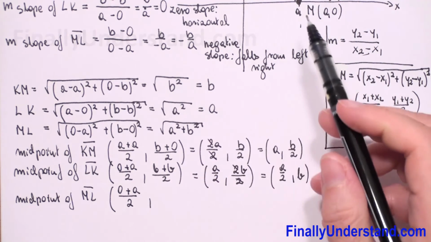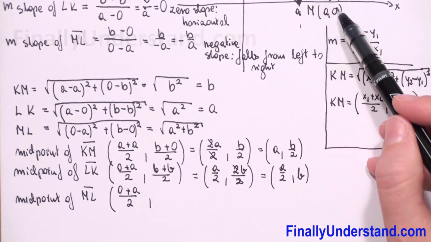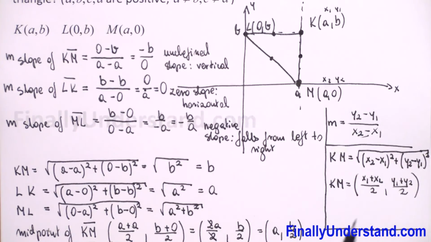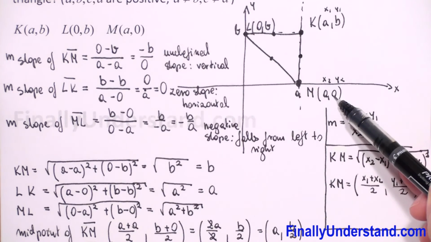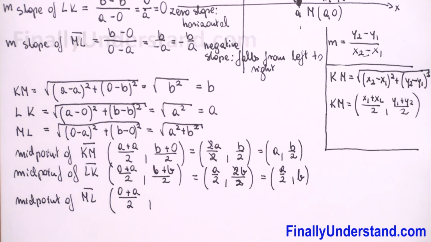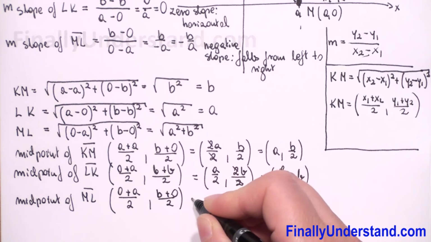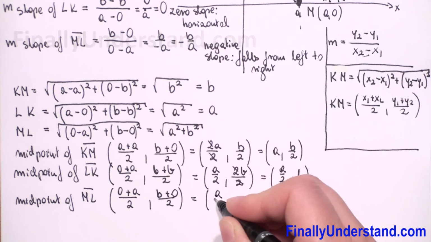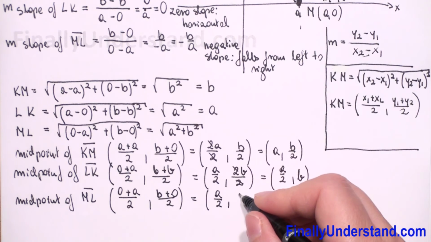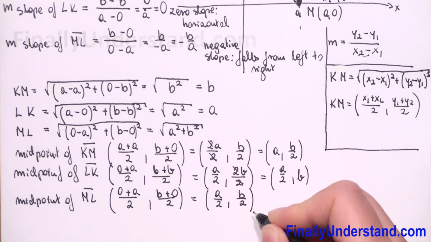And for the second, we have to add second coordinates. So it will be (B plus 0) over 2. So this is equal to A over 2 as the first coordinate and the second is B over 2.